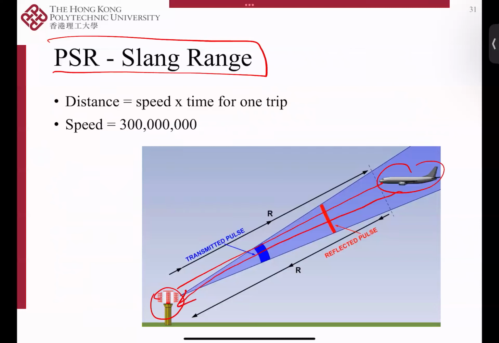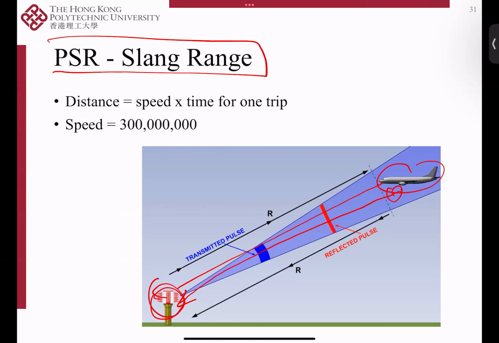So the keyword is that you have the reflection of the same signal. This reflection does not need any processing time. It is directly, instantly reflected. So what you calculate is direct.